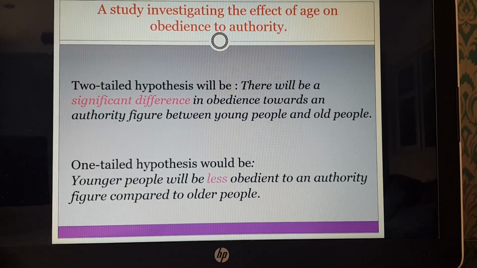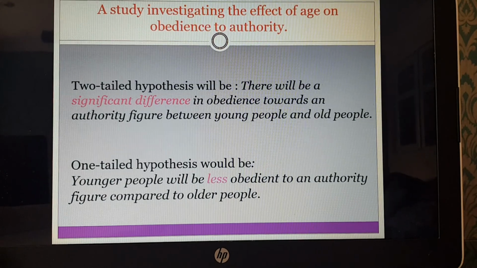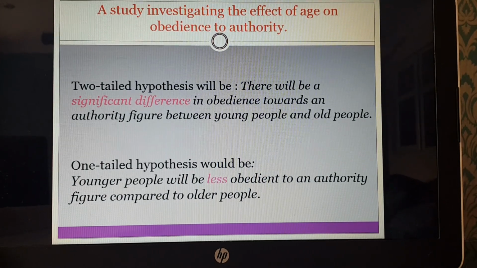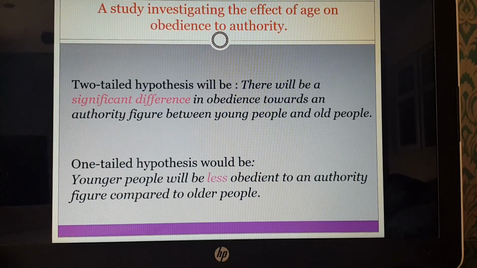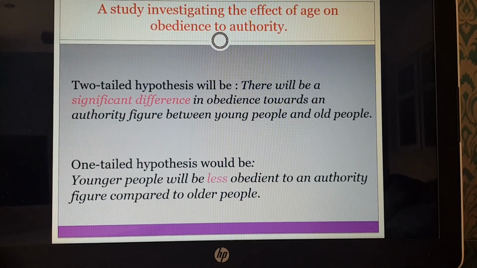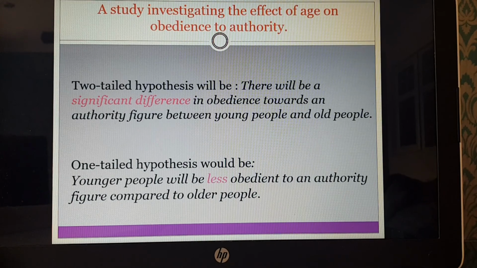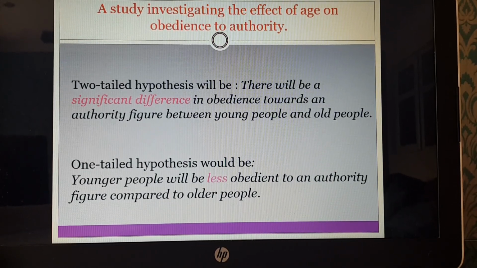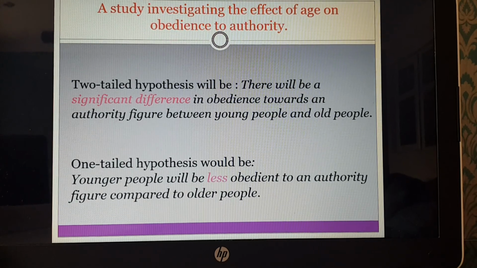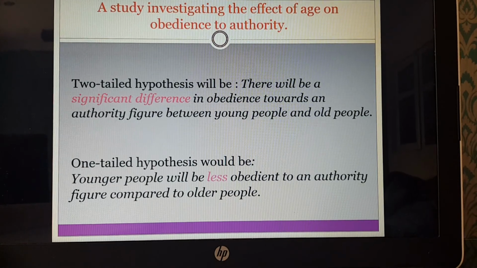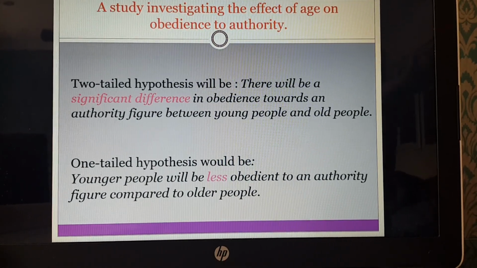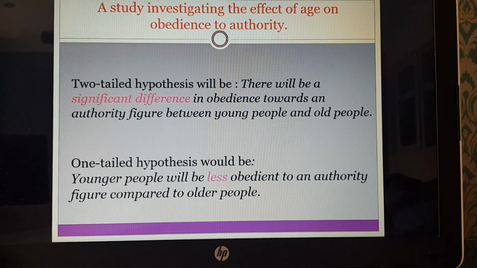But we don't know what that difference is going to be. Are young people going to be more obedient or less obedient? We're not aware of this in the two-tailed hypothesis. Whereas in a one-tailed hypothesis: younger people will be less obedient to an authority figure compared to older people. As you can see, in the one-tailed we're predicting which way the results are going to go, very specific and very precise. Okay.